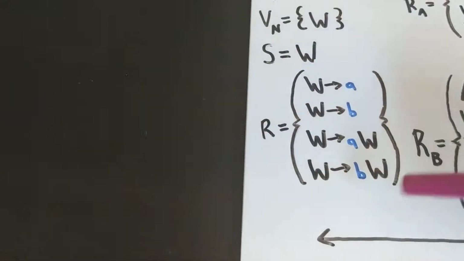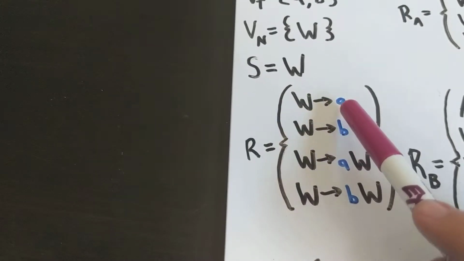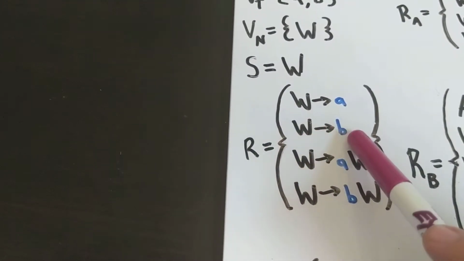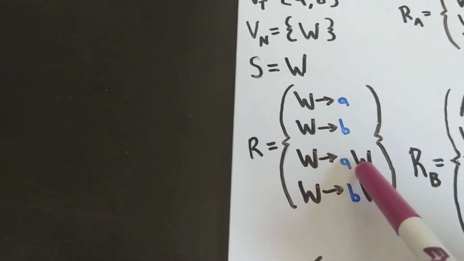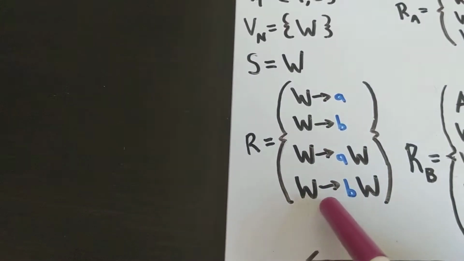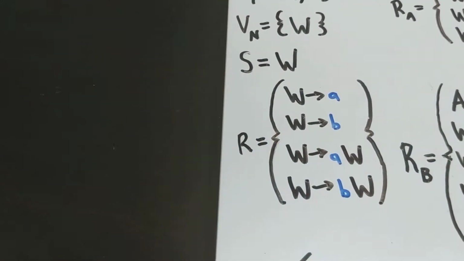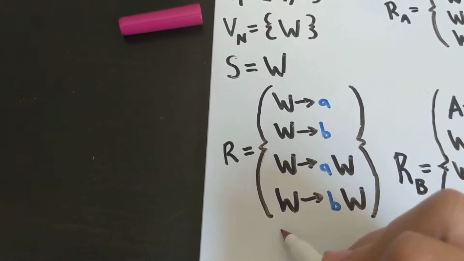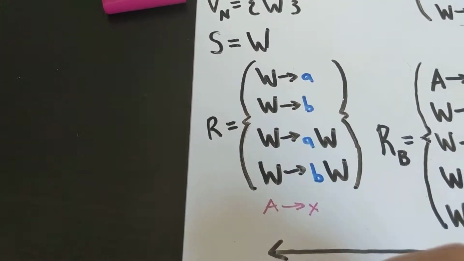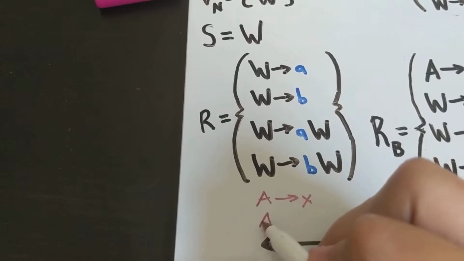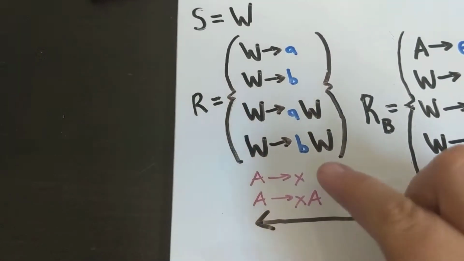And then we have our set of rules, which should look familiar to you, right? We have a W is made up of an A, or a W is made up of a B. A W can also be made up of an A followed by a W, or it can be made up of a B followed by a W. These conform to our definition of regular language, which says that a non-terminal can be made up of either a solo terminal or it can be made up of a solo terminal followed by a non-terminal, right?